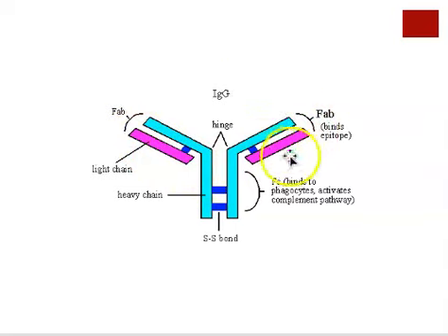And this area here and this area here are referred to as Fab, because this is where we expect to see the antigen, on this end of the molecule. And down here, this is the Fc region. Actually, this whole stem is the Fc region, or the constant region.